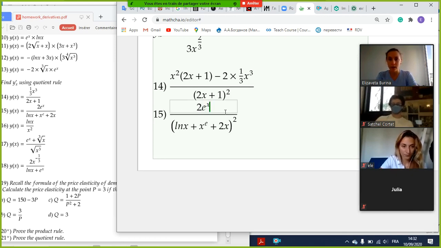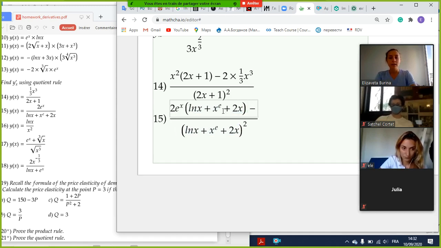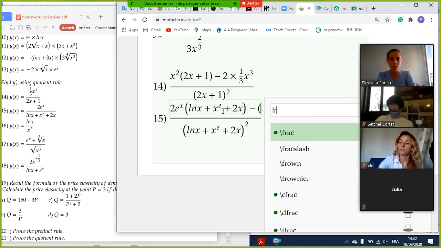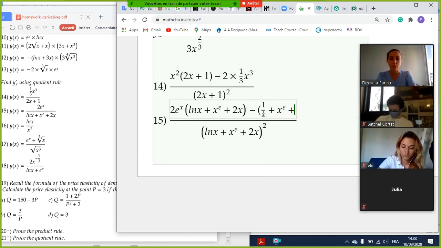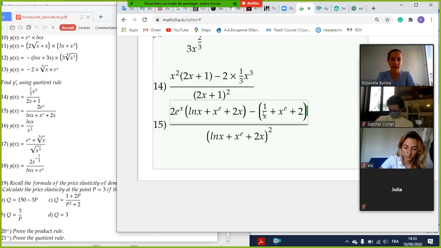So that will be just that times the denominator. Good thing I already typed it here. Minus the derivative of the denominator. Well, that's something. So first of all, we're going to have a fraction of 1 over x. Then we're going to have x to the power of e. Then 2.